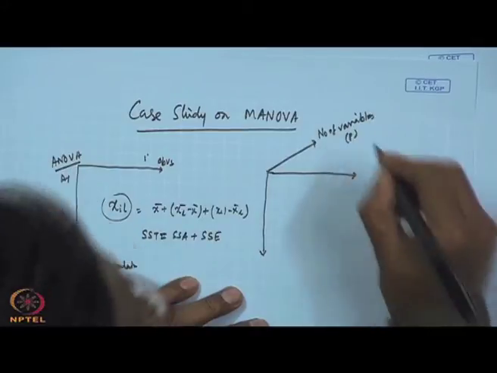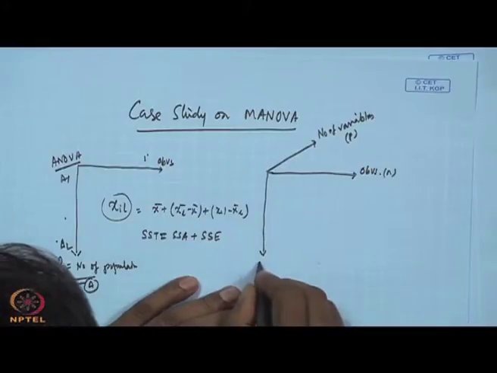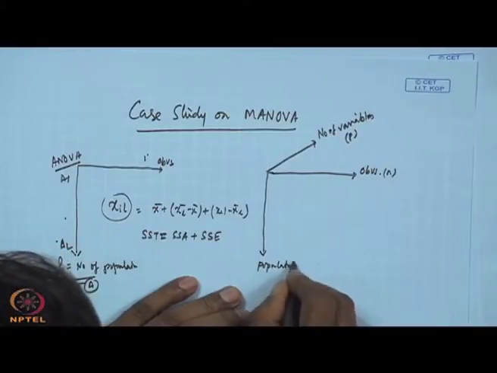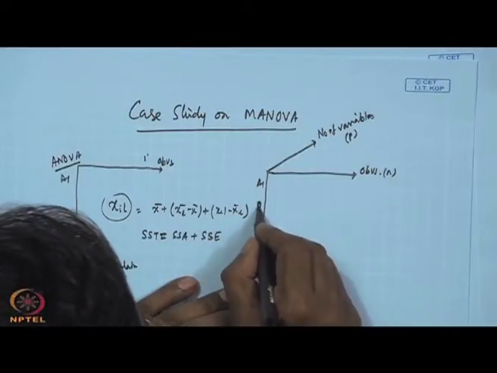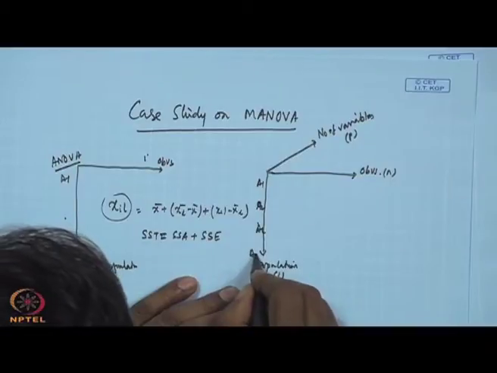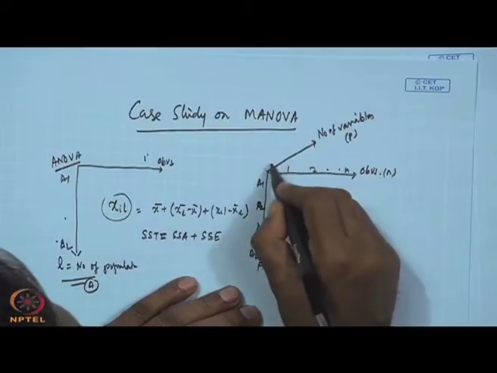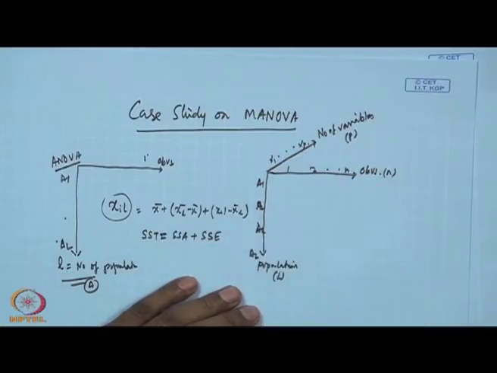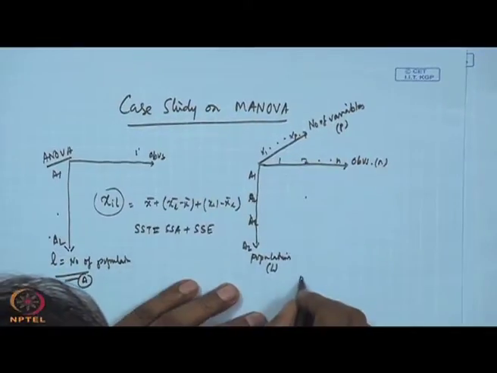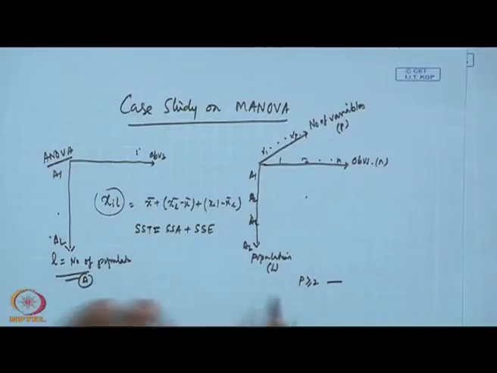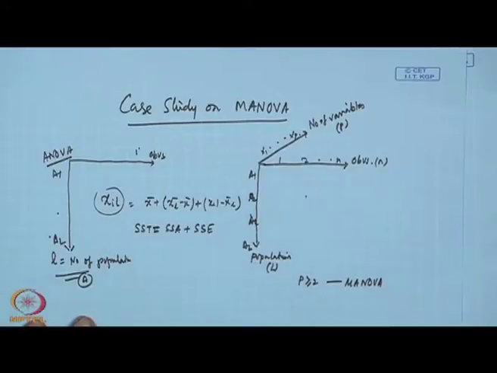You can remember these observations in populations: A1, A2, to A capital L, then 1 to N, and it is X1 to XP. So, when P is greater than or equal to 2, the issue is no longer ANOVA, it is a MANOVA issue, multivariate analysis of variance.